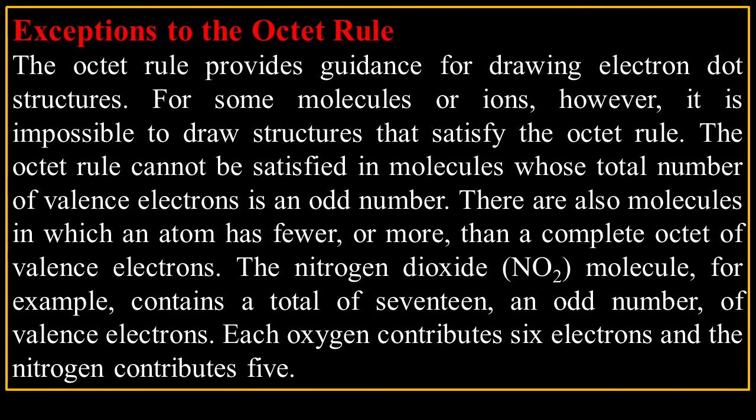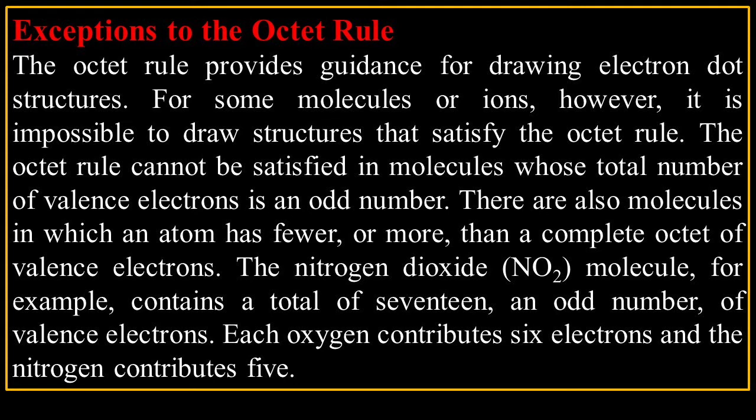Next. The Octet Rule provides guidance for drawing electron dot structures. For some molecules or ions, however, it is not possible to draw structures that satisfy the Octet Rule. The Octet Rule cannot be satisfied in molecules whose total number of valence electrons is an odd number. There are also molecules in which an atom has fewer or more than a complete octet of valence electrons.